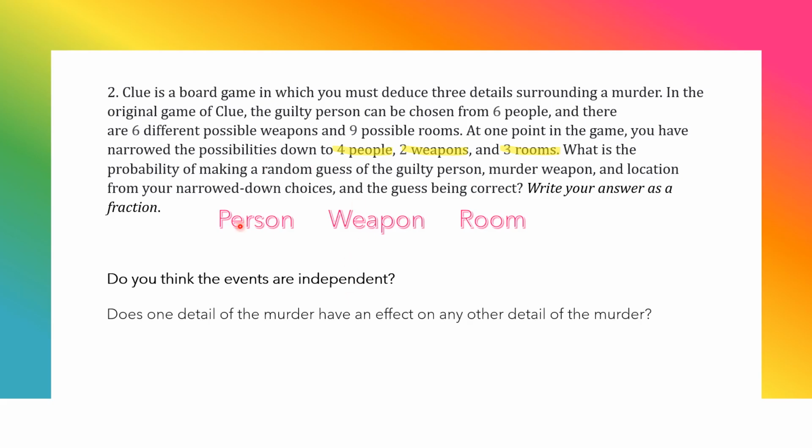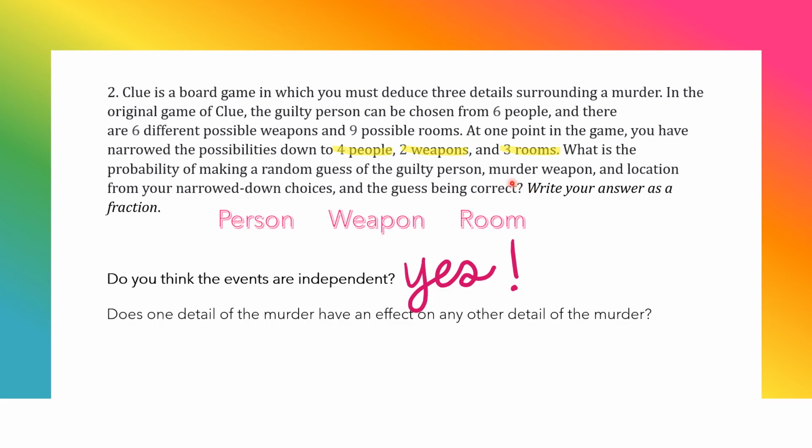Does one detail of the murder have any effect on another detail of the murder? Definitely not in this case, right? So these events are definitely independent because one detail of the murder does not have an effect on any other detail of the murder.